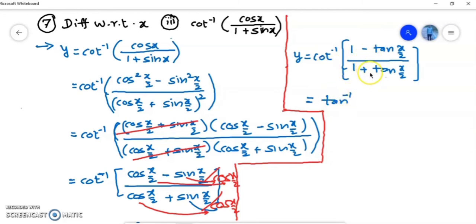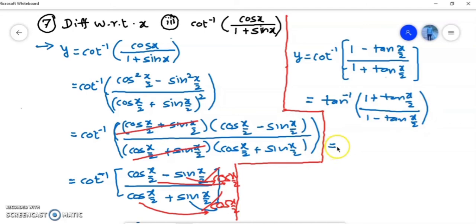Cot inverse of a upon b can be written as tan inverse of b upon a. You know that formula. That means the numerator will be 1 plus tan x by 2, and the new denominator will be 1 minus tan x by 2.